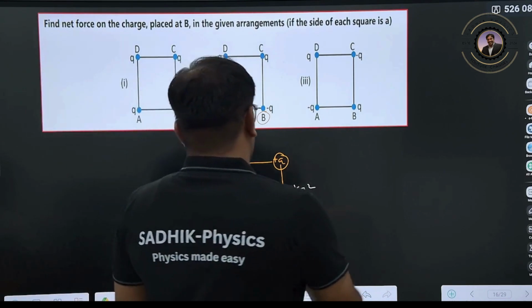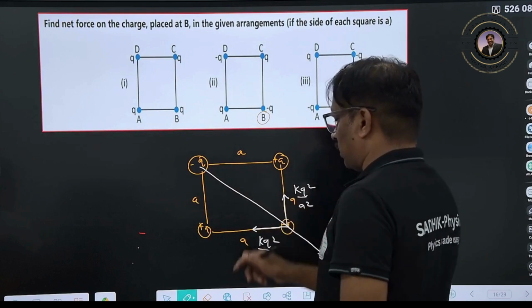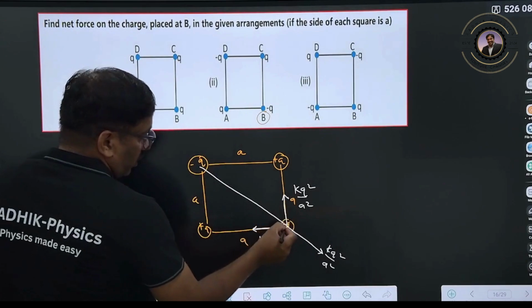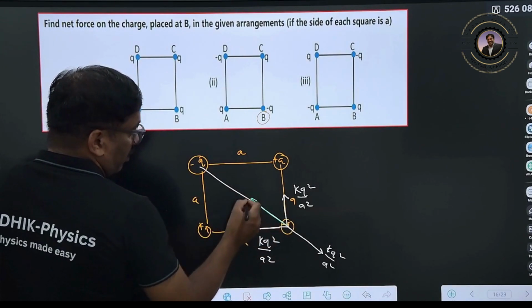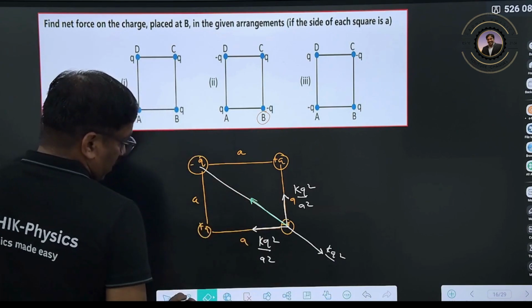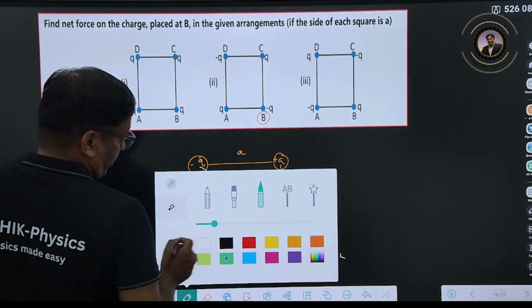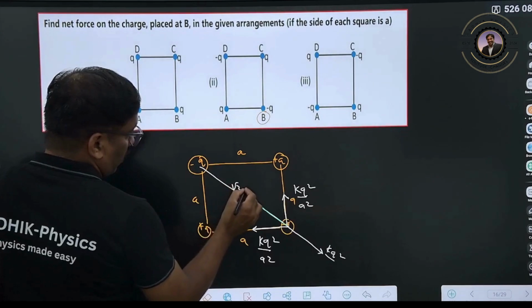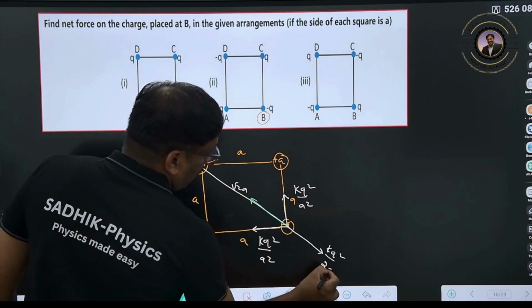Therefore these two forces are acting toward this side, so you can get the resultant force. Sorry, this is not a squared, because this distance is nothing but root 2 into a. Therefore this is root 2 into a, so 2a squared will be our answer.